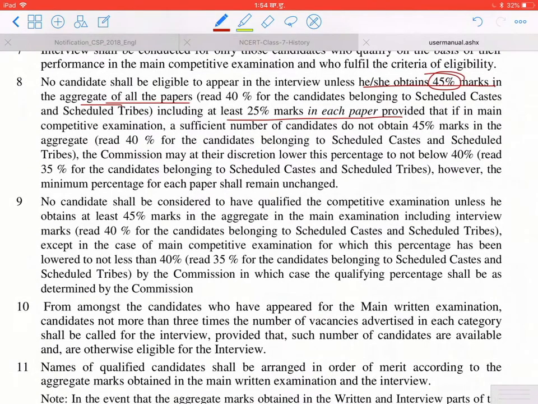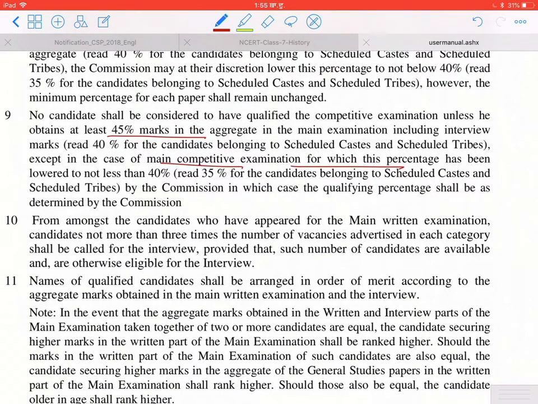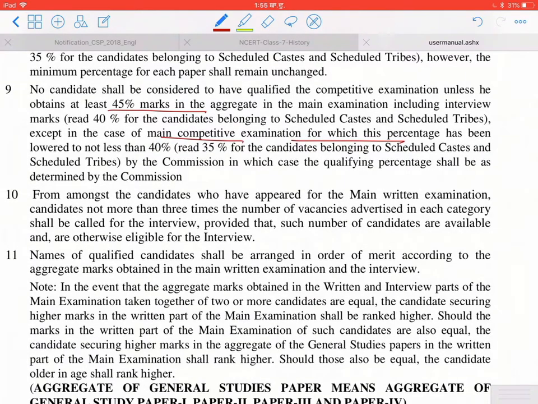No candidate shall be considered to qualify unless this. So the range of marks to be obtained for the individual paper and for the combined can be changed according to the number of candidates, if they are not able to find the required number of candidates. So from among those who have appeared in the main written examination, candidates not more than 3 times the vacancies will be called for the interview.